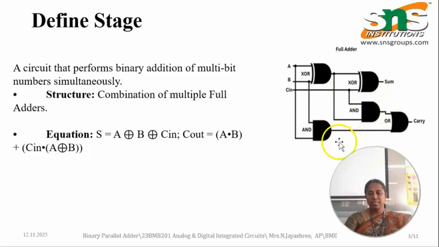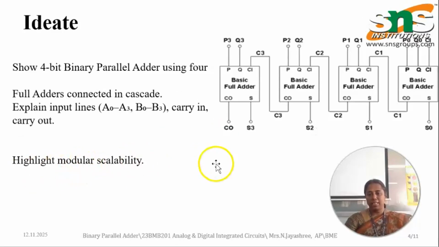This is the single structure of these multiple circuits. The equation is: Sum represents A XOR B XOR C, whereas carry represents A·B plus C·(A XOR B).